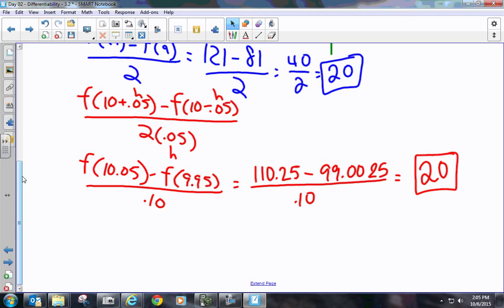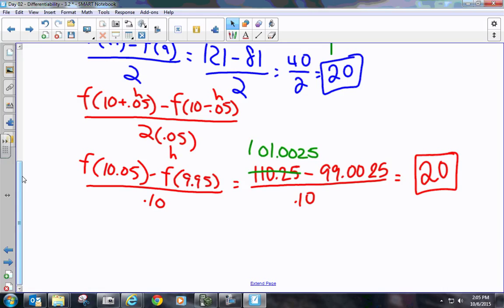Oh my lord. That is 101.0025. Question: how do we know that's wrong? How can we figure out that's wrong? Yeah, this should be some number. When I divide by this, it should be 20.